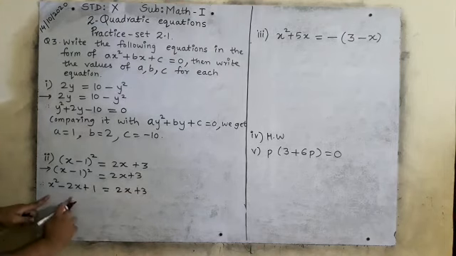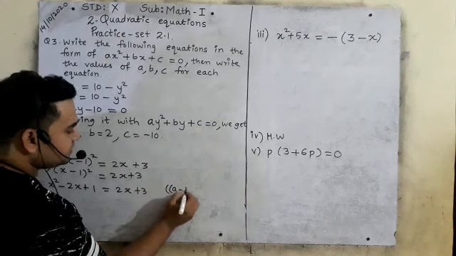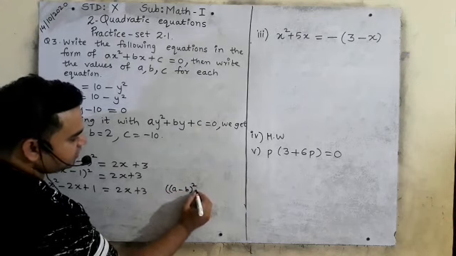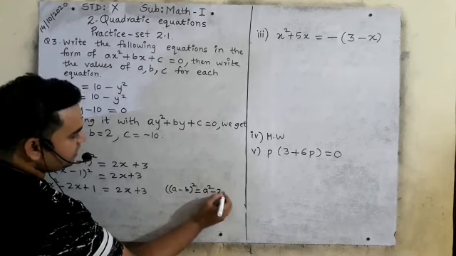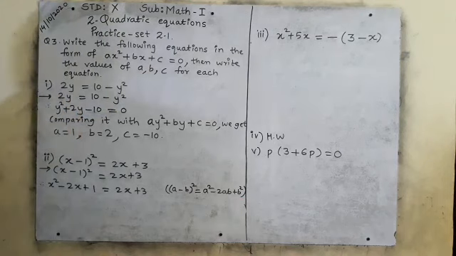How did it come, from where? Here we have used (a minus b) bracket square, that is equals to a square minus 2ab plus b square, right? This we have used over here. I hope you understood.